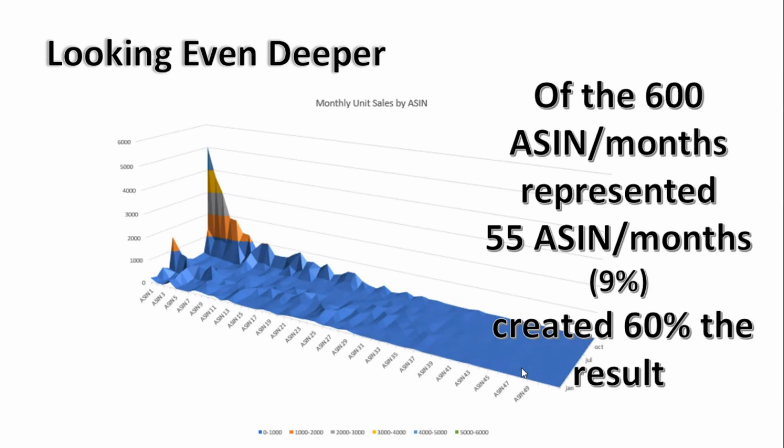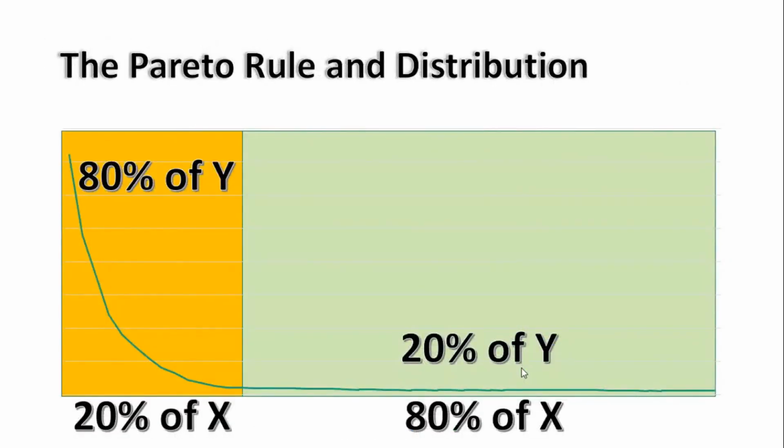And out of those, only 55 data points, that is 9% of the month's sales per SKU, created 60% of the sales. So not all SKUs, not all months are created equally. And this is very useful for us.